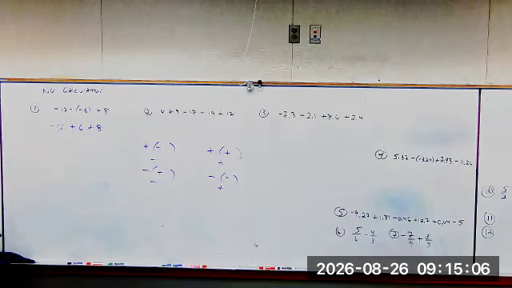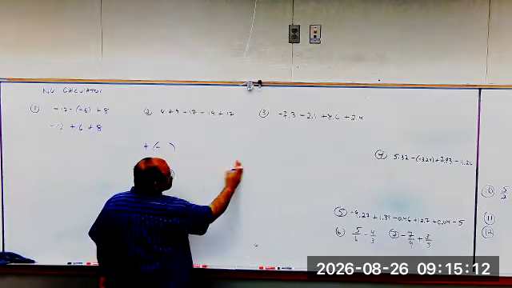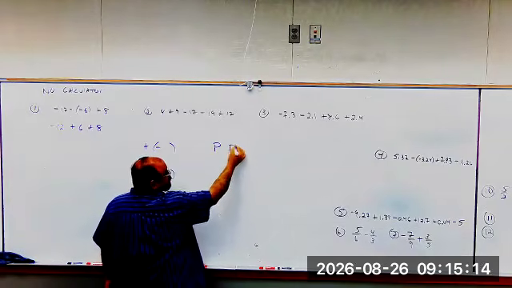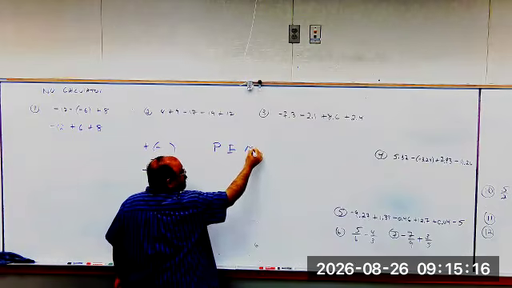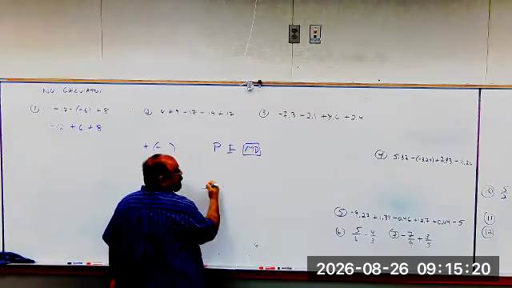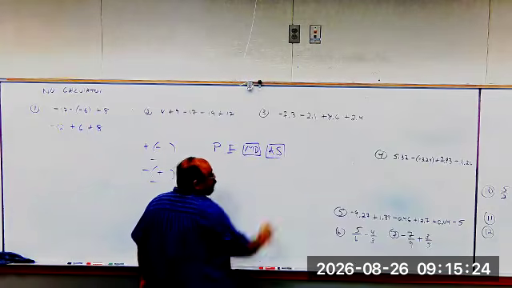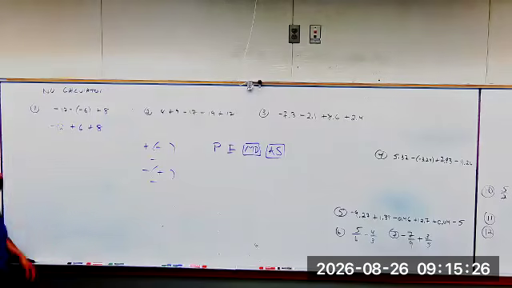Now, remember order of operations. Parentheses, exponents, multiply and or divide in order from left to right, add and or subtract in order from left to right.